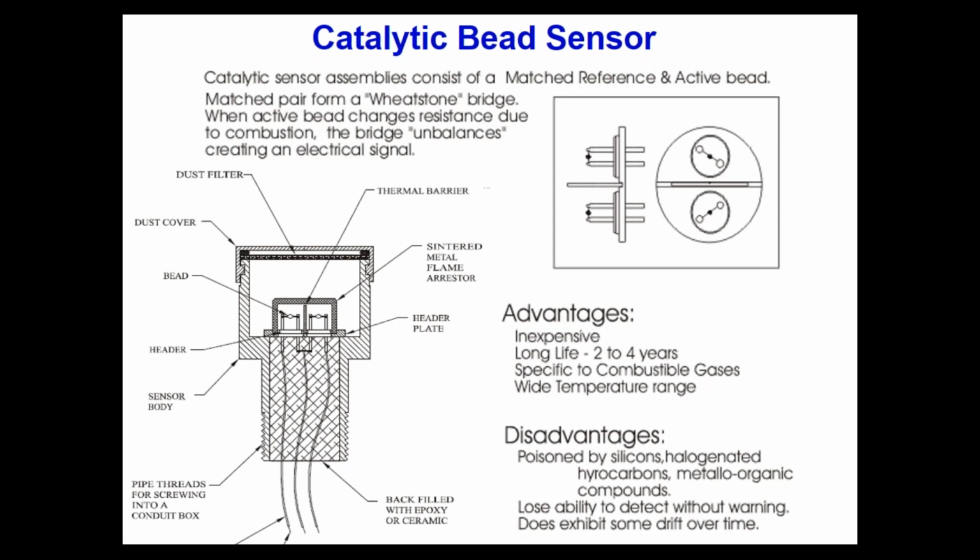In the old days, the tetraethyl lead used in gasoline poisoned the sensor pretty quickly. But silicones and halogenated compounds really are their enemy. So you can't run a catalytic bead anywhere around silicone-based materials or things like fluorine and chlorine molecules that might be in propellants, for example, refrigerants.